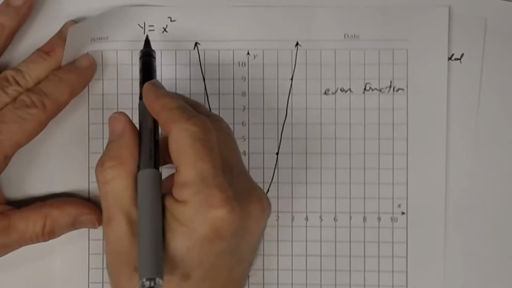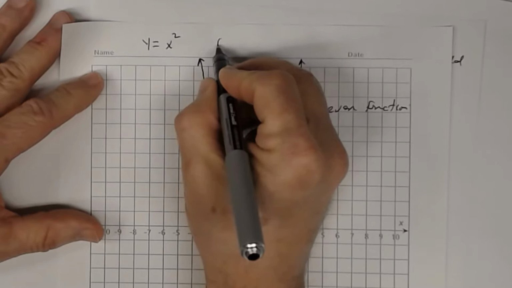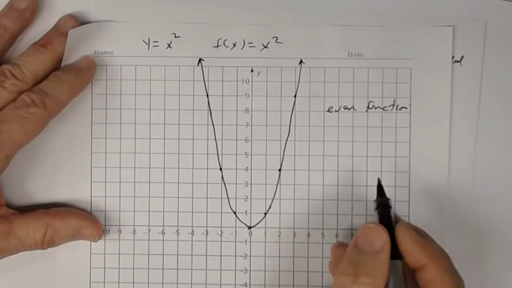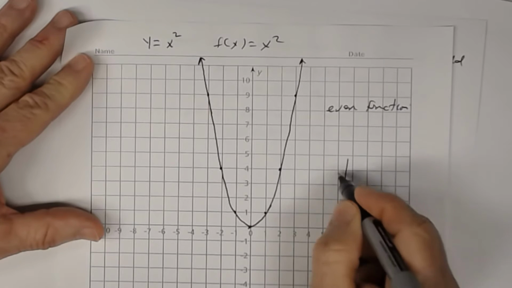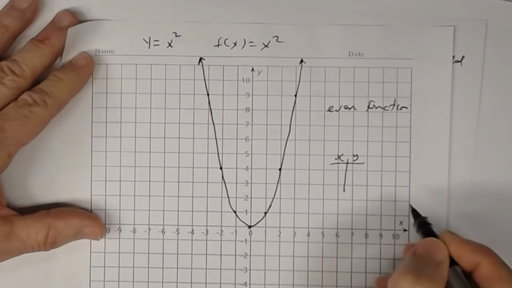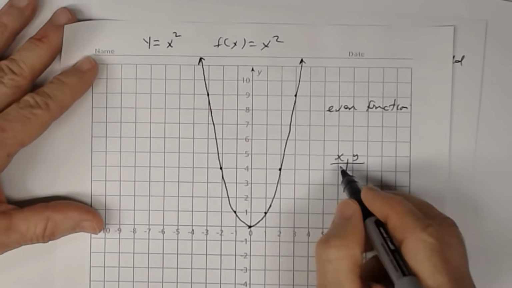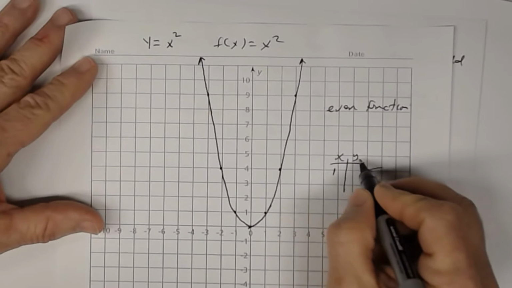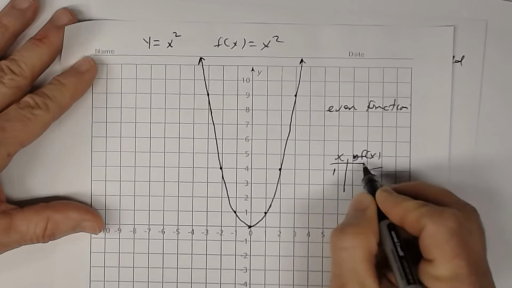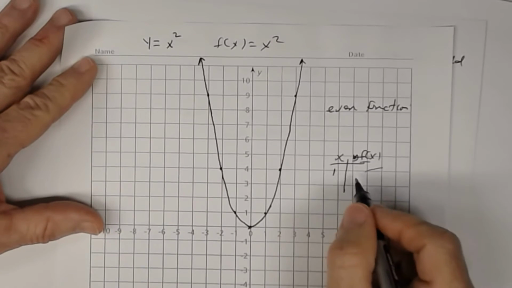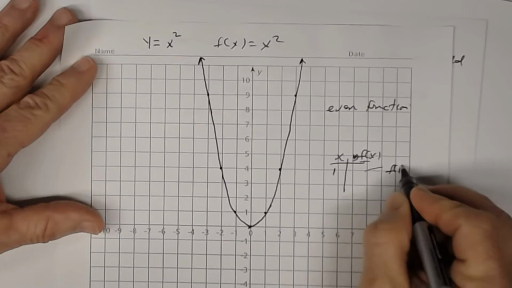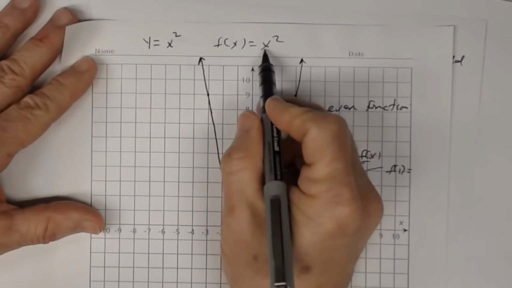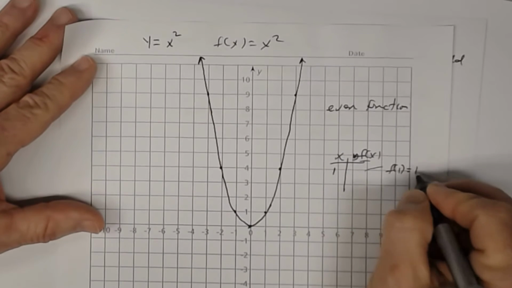All right, so here's what I want to mention. I'm going to call this right here f of x equals x squared. If I do a t-table just to do this discussion, if I let x be 1, then remember this is f of x, same thing as y. I find f of 1, I get 1 squared is 1.